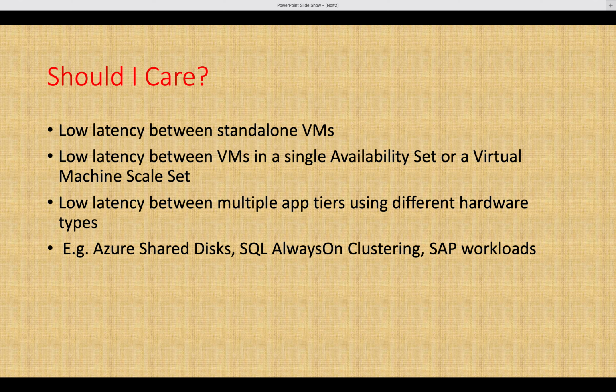So having them in a proximity placement group will certainly address the low latency requirements. There are some Azure resources like Azure Shared Disks for clustered applications, SQL Always On Clustering, or some of the SAP workloads, that are already deployed as part of proximity placement groups.